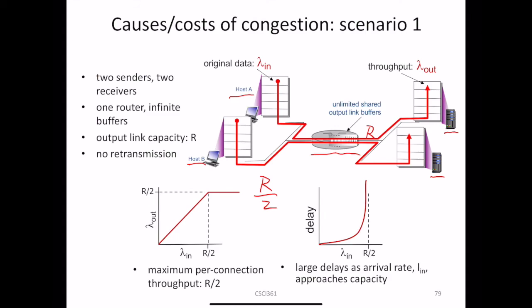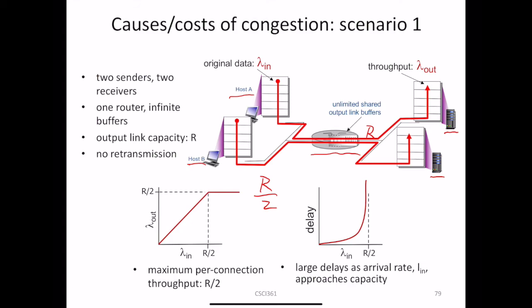Then let's see the average delay. I'm not sure if you still remember, when we talked about queuing delay, there is a very important definition, which is the traffic intensity. If the traffic intensity is close or equal to 1, the average delay goes to infinity.